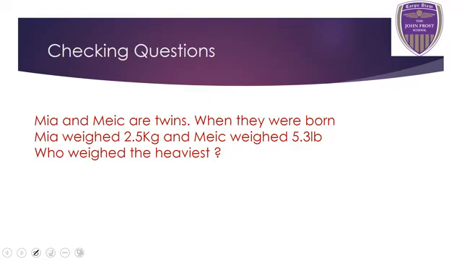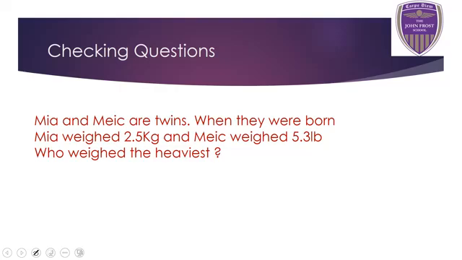For the checking question, Maya and Mike are twins. When they were born, Maya weighed 2.5 kilograms and Mike weighed 5.3 pounds. Who weighed the heaviest? So copy the question down, have a go, and then when you're ready, move on to the next slide with the answers.